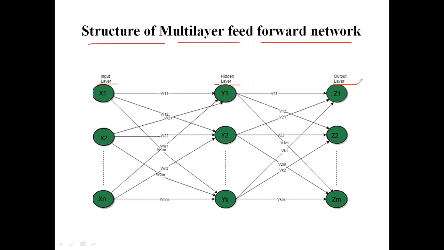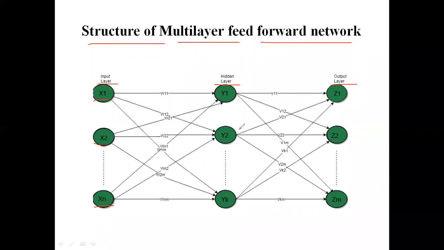This network has three layers. What is the first layer? The first one is the input layer. The neurons of the input layer are represented by x1, x2, up to xn. These are the nodes or neurons of the input layer.